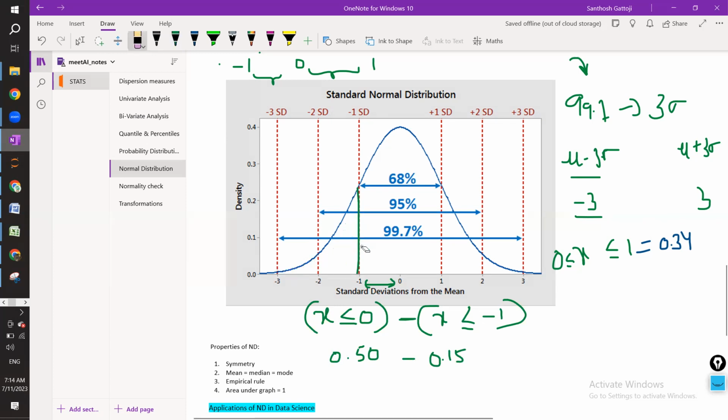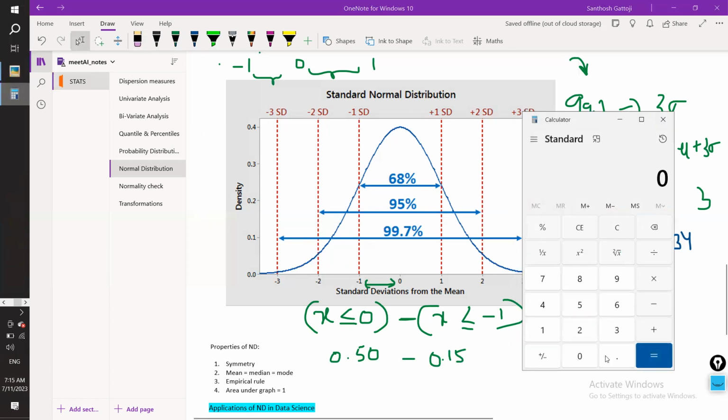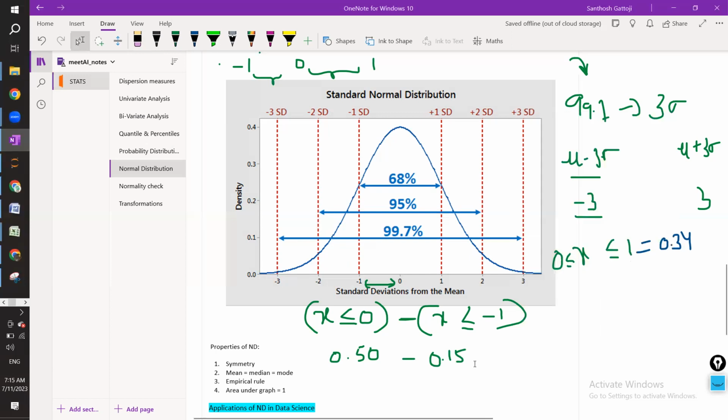So if you subtract these two, how much will we get? 0.50 minus 0.15 is 0.35. Okay, so now we got what? This area, what is 0.35, guys? 0.35 is minus 1 to 0.